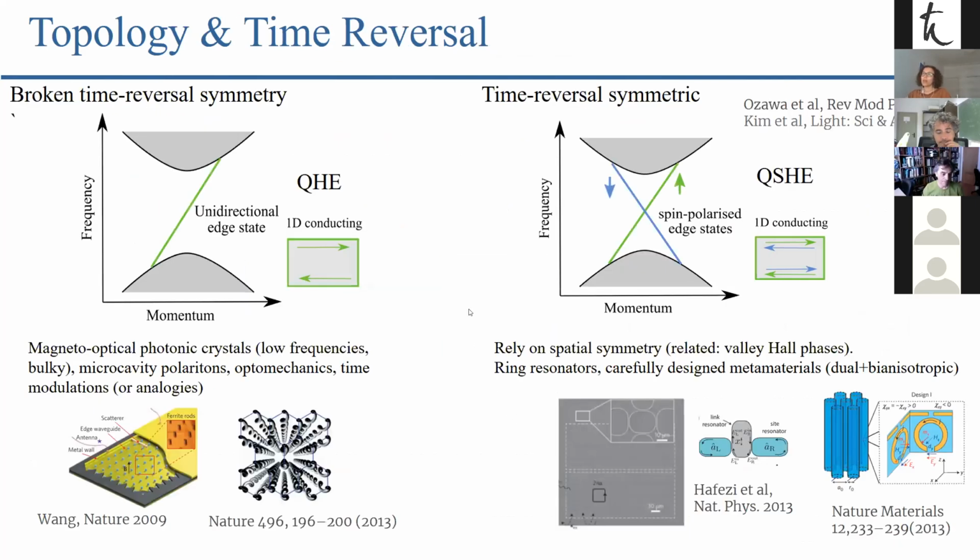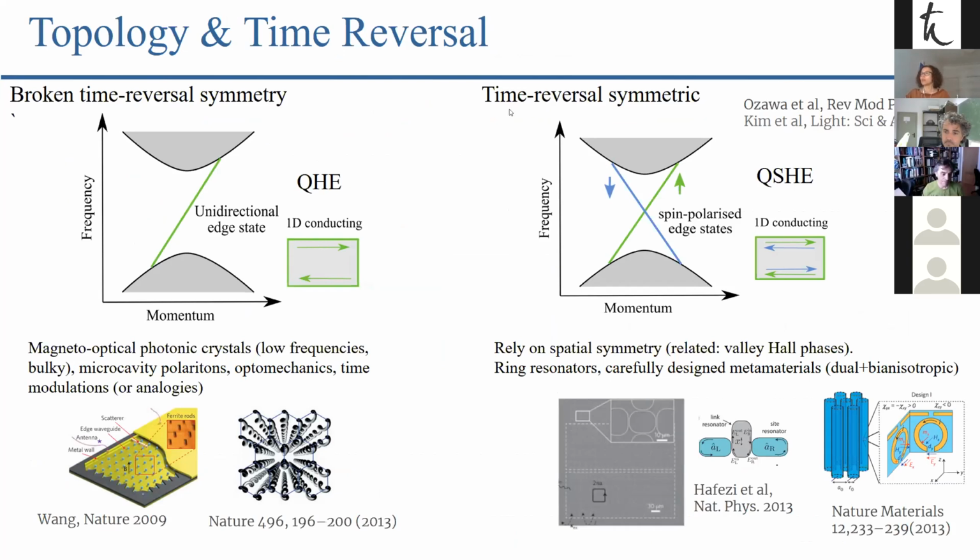Yes, so along the same line, I will focus on systems that don't break the time reversal symmetry. So as you know, broadly speaking, there are two ways to arrive at a non-trivial topology. In one of them, one would break time reversal symmetry and look for physics similar or related to the quantum Hall effect, with purely unidirectional edge states that are non-reciprocal in photonic language.